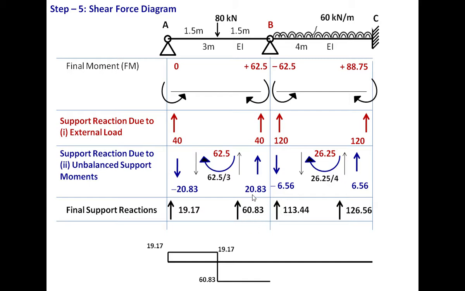At this point we go up by 60.83, so it becomes 0, and then go up by 113.44 at point B, reaching 113.44 above the baseline. Then we go down by 60 times 4, that is 240, in an inclined pattern, and when we deduct 240 we end up with minus 126.56. From that, if we go up by 126.56, we meet the baseline. This is plus, minus, plus, minus. This is the final shear force diagram.